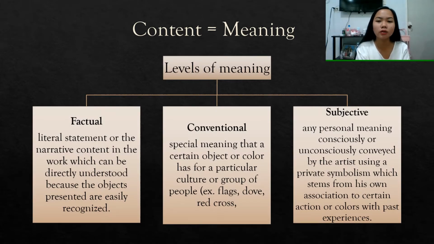The meaning in an artwork has different levels. The first one is the factual, meaning this is the literal statement or the narrative content in the work which can be directly understood because the objects presented are easily recognized. So when we say factual, this is the obvious meaning of an artwork.